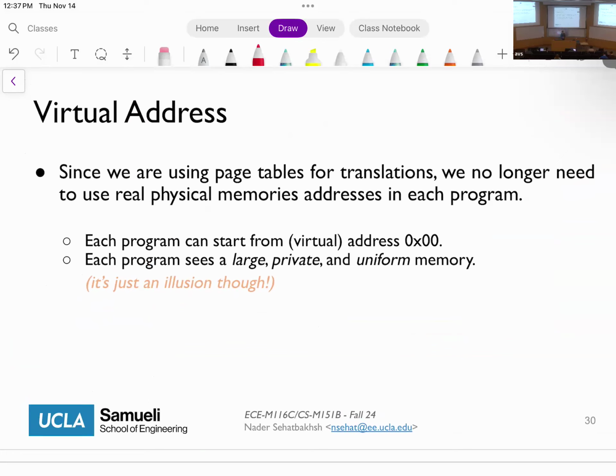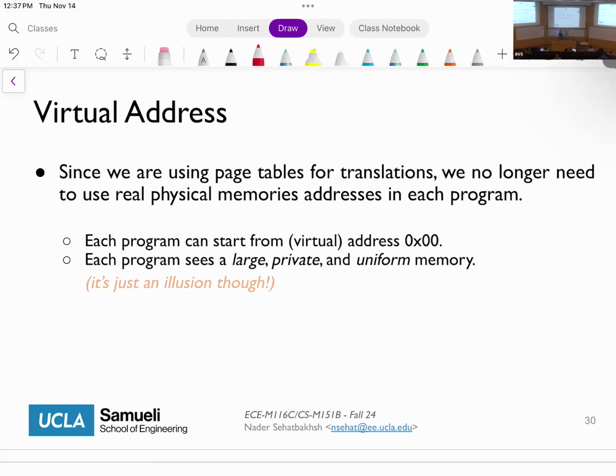The reason that I want to have virtual addressing is that every program doesn't need to know where its pages are stored. They don't need to be worried about the fact that consecutive pages are not in consecutive addresses. What they can do is always assume that their addresses start at 0 and are always continuous, right?